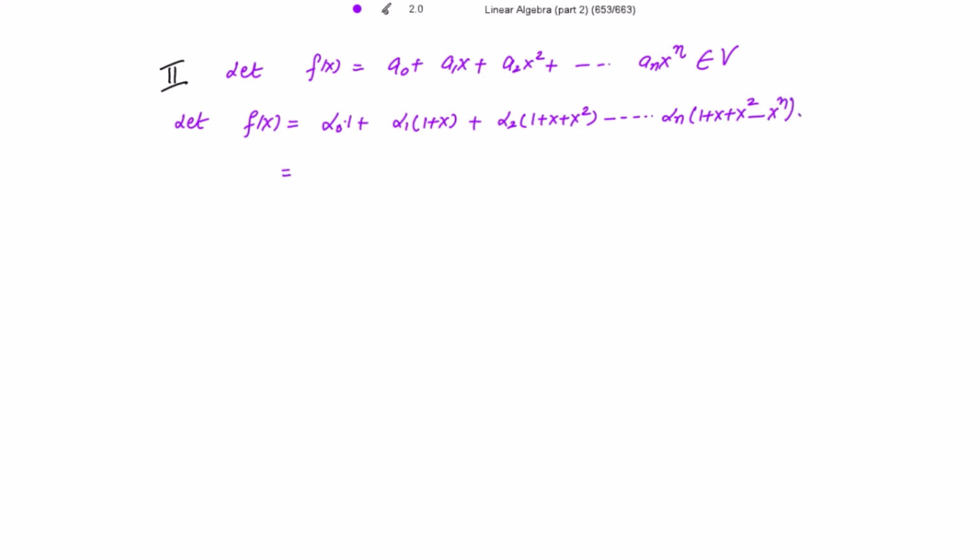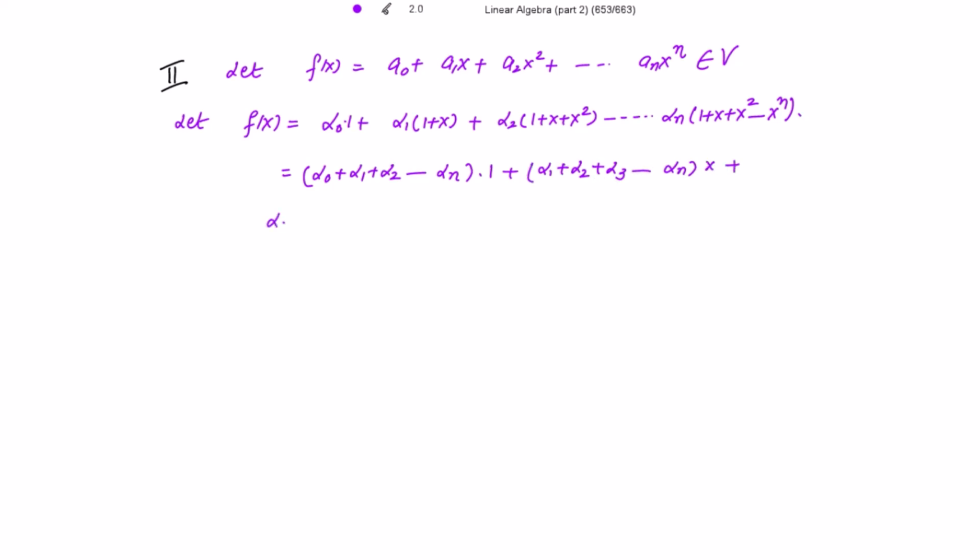So if I add, I will get alpha naught plus alpha 1 plus alpha 2 up to alpha n times 1, and then alpha 1 plus alpha 2 plus alpha 3 up to alpha n times x.